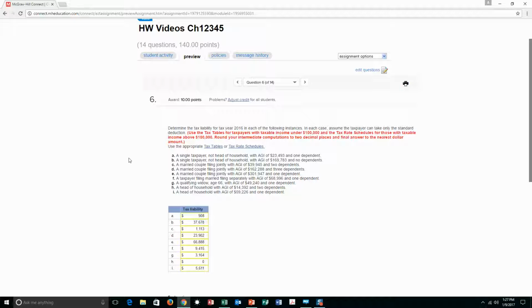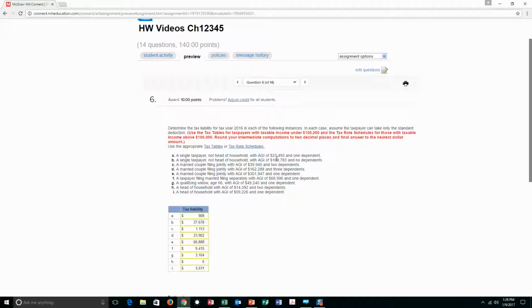The first one says a single taxpayer, not head of household, with AGI of $23,493, one dependent. The first thing we have to do is take whatever they have as their income, in other words their AGI, their adjusted gross income.